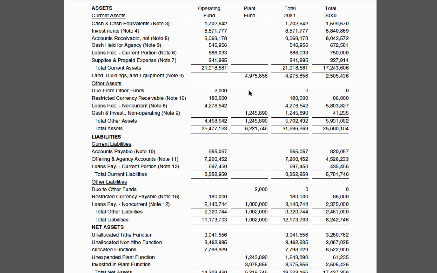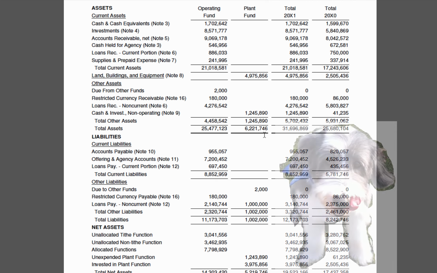And then we have the expended portion, the investment in plant. This is the $4,975,856 minus the non-current loan of $1,000, which is $3,975,856 in this example. So really there are two self-balancing sets of accounts here.